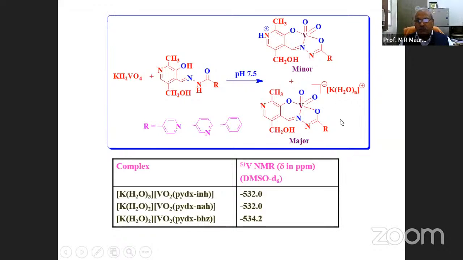Again, the major one is the potassium salt of the dioxo compound, and the minor compound also showed dioxo peaks very close to that, but the distinguishing observation between the two is protonation of the nitrogen. Earlier, in the very beginning, we observed and proposed that protonation occurred at this point.